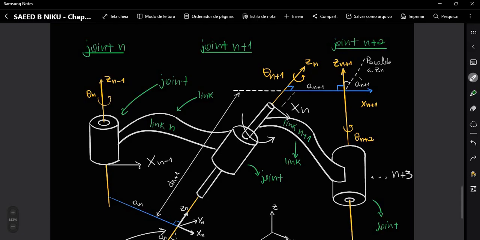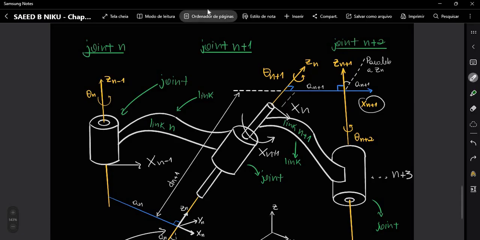It's saying about xn plus 1, so it is in this direction, not xn minus 1.